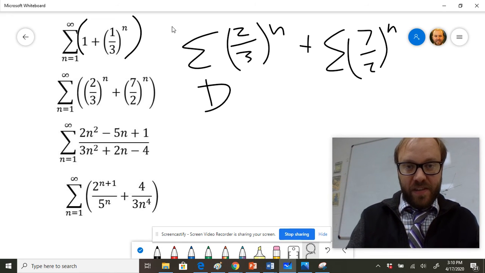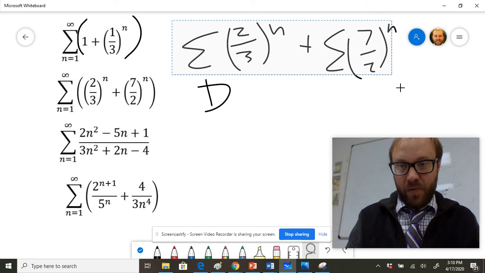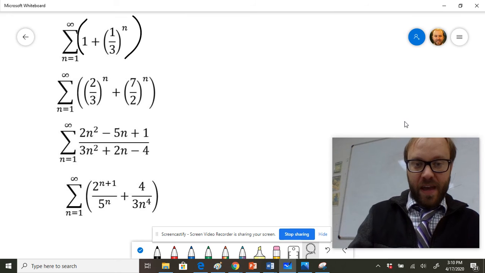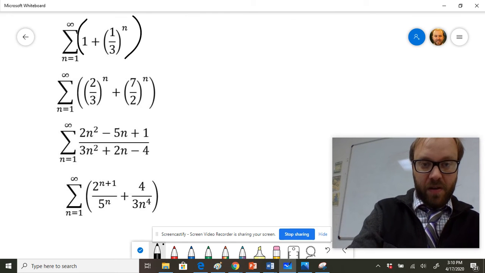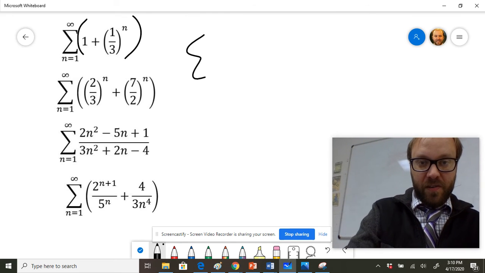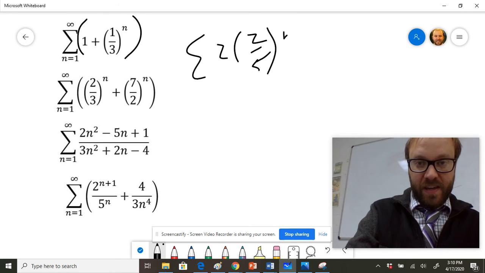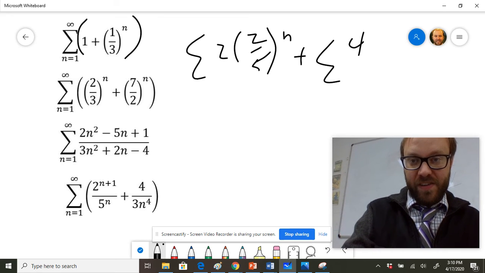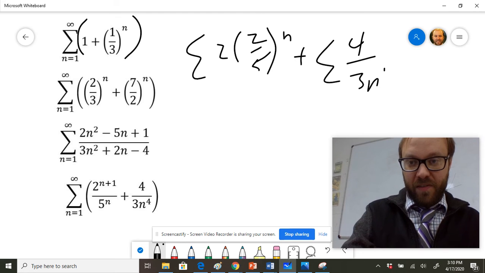And actually, we see the same kind of thing in the fourth example down there at the bottom. That's also the sum of two series. So that is going to be the sum of, you could factor out a 2 there, and you could make that a 2/5 to the n plus the sum of, it's a p series actually, it's 4/3n to the fourth.